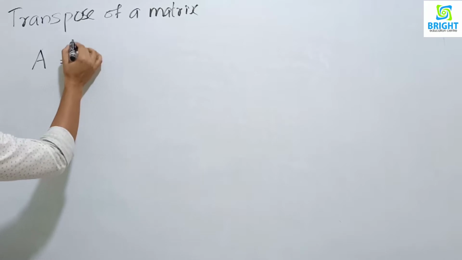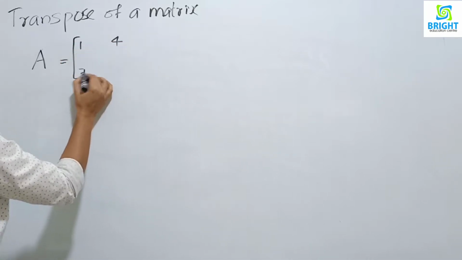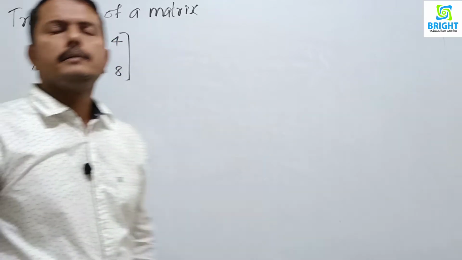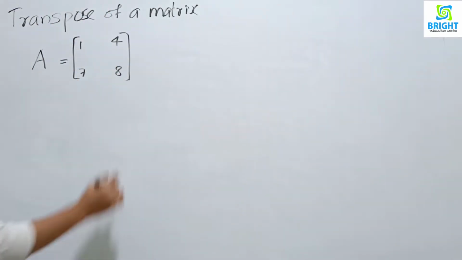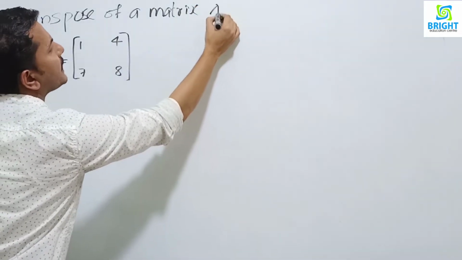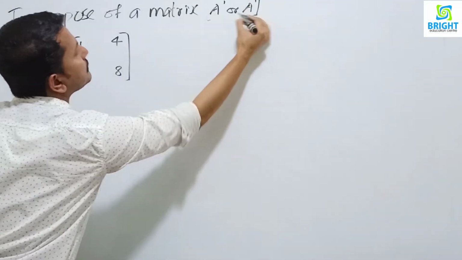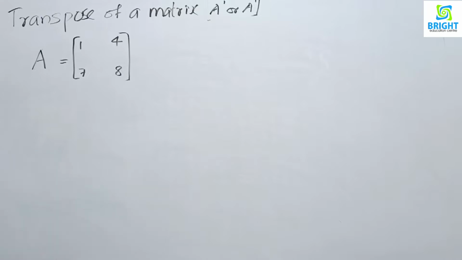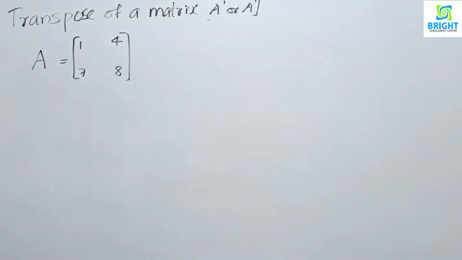Let A be the matrix 1, 4, 7, 8. The transpose is denoted as A dash or A transpose, A T. Suppose you consider the matrix A equal to 1, 4, 7, 8.